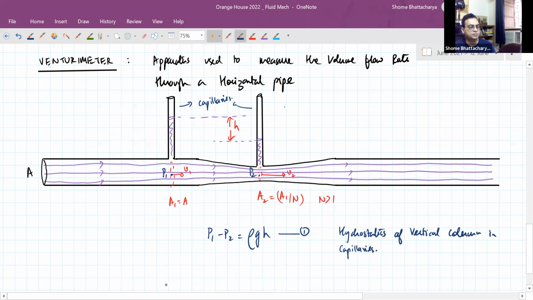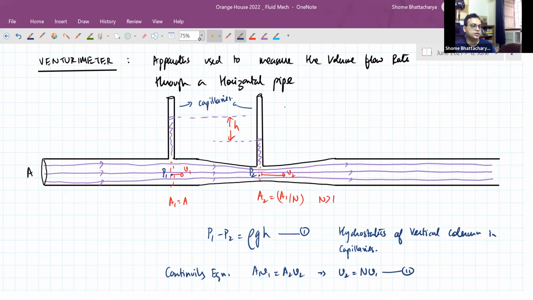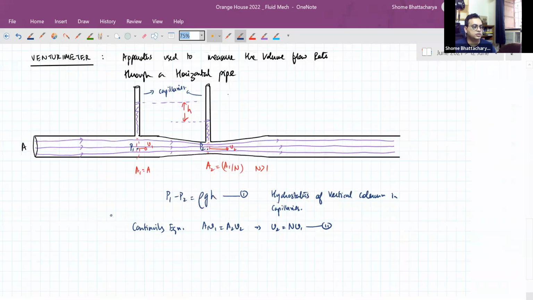Okay. Then by Bernoulli's equation, or before that by the continuity equation, with this relation. And finally, we'll now apply Bernoulli's equation.